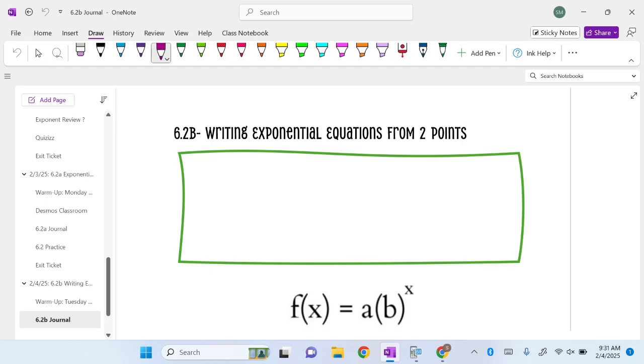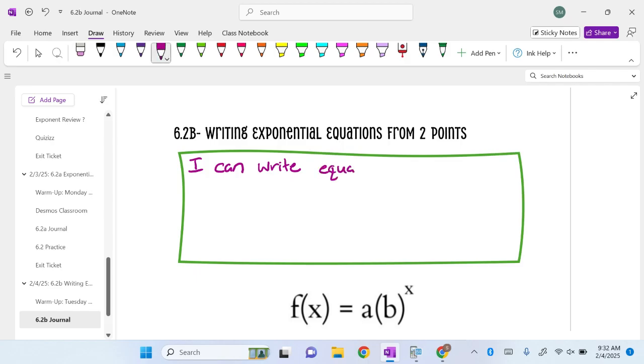So we always start with our I can statement, which is I can write an exponential growth... Oh Lord, nope. I can write that's tomorrow's, my bad. I can write equations.